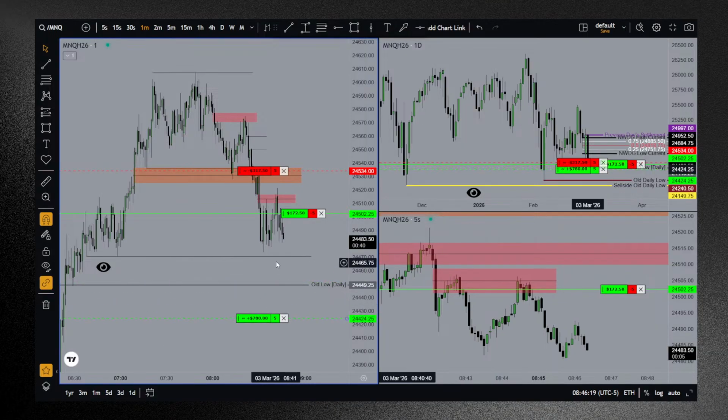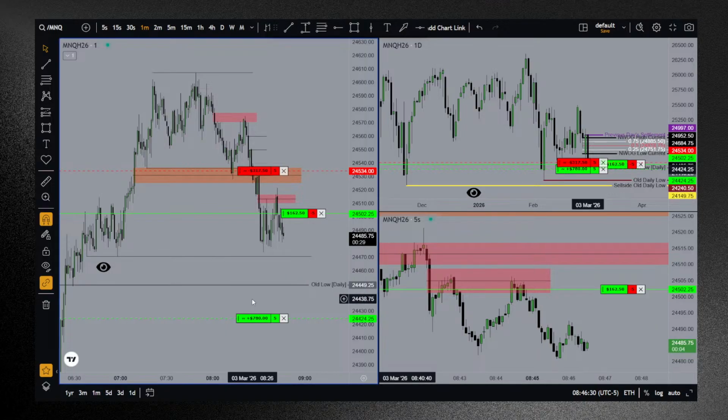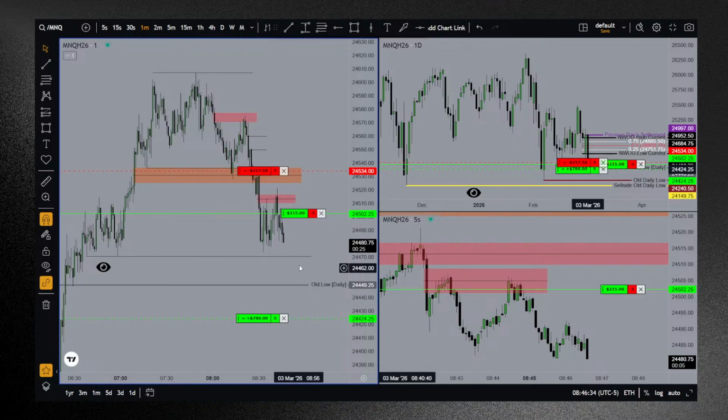So the moment we trade below those relatively cool lows, I will want to take a partial there and move my stop loss to even, and we'll see what we get.